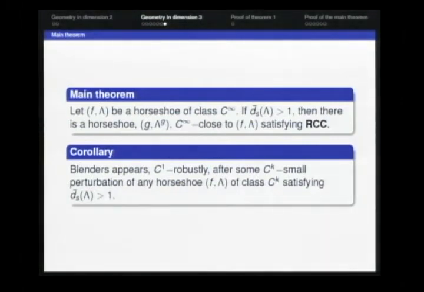If the upper stable dimension is bigger than 1, you can perturb it in the C1 topology such that it will satisfy the recurrent compact criterion, C1 stable. So if you want to see blenders, you must see in which region the upper stable dimension is bigger than 1. Then densely and openly there, you have blenders. So this is the result.